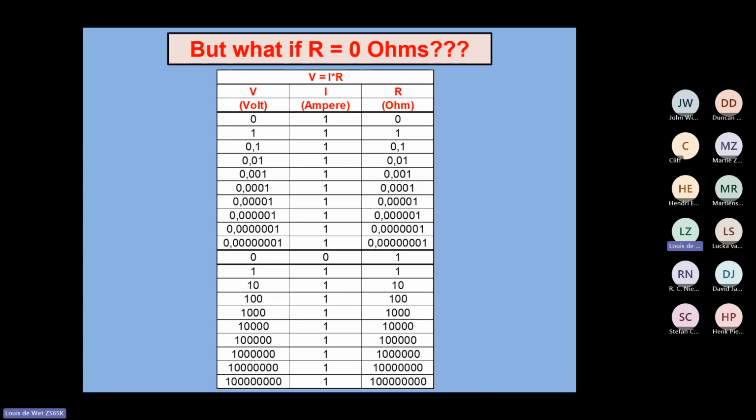You've got a current of 1 ampere and a resistance of 1 ohm. So if you take V equals I times R, you get 1 volt, obviously.